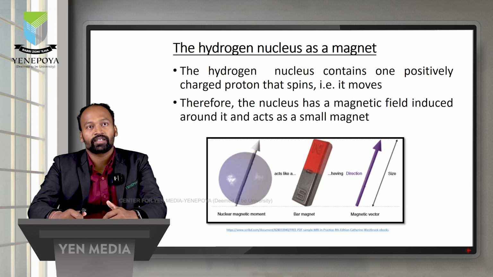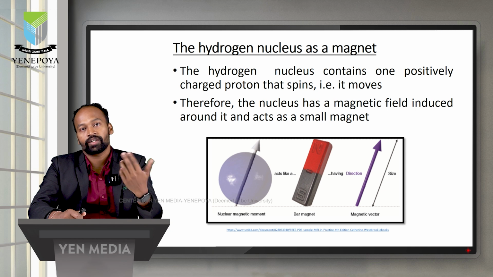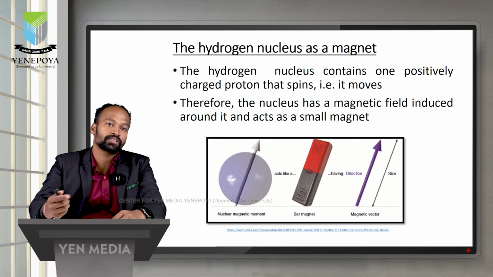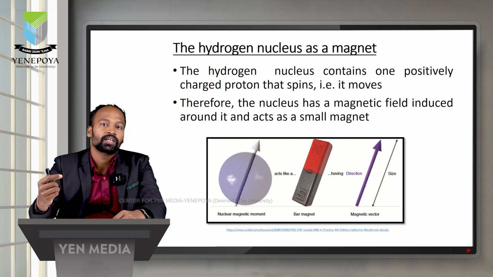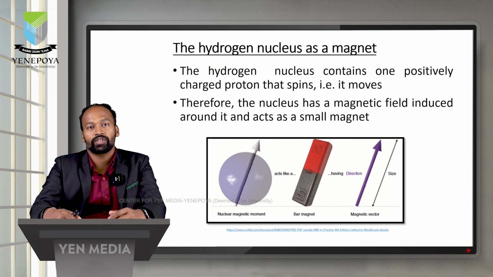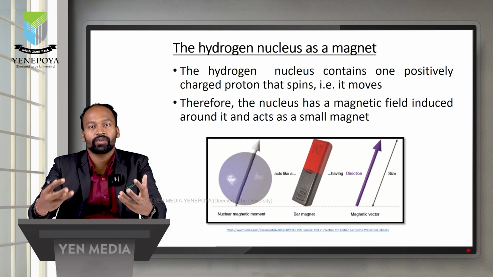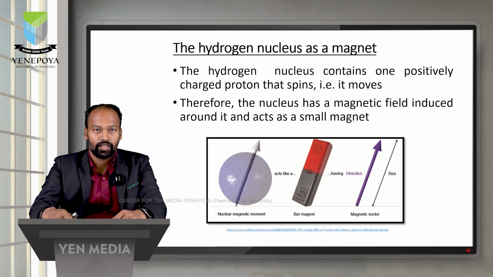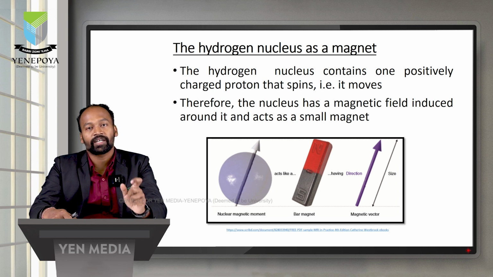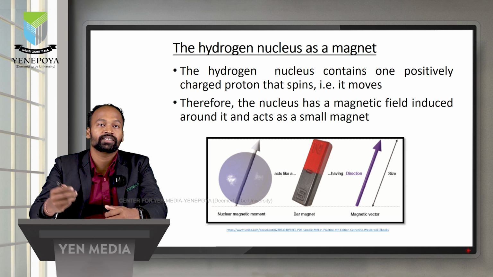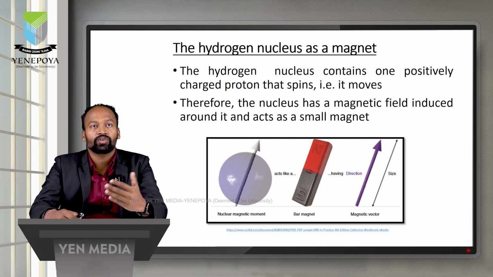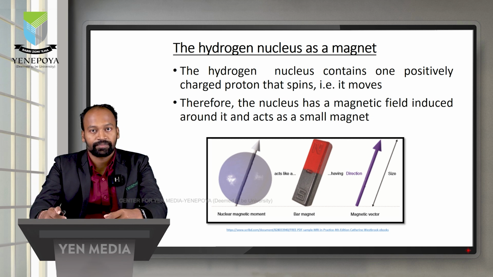That is why the atom, which is already moving around or within itself, will automatically produce magnetism surrounding itself. Now, coming to the main part, that is the magnetic vector. The magnetic vector designates the direction and the size of the particular magnetism.